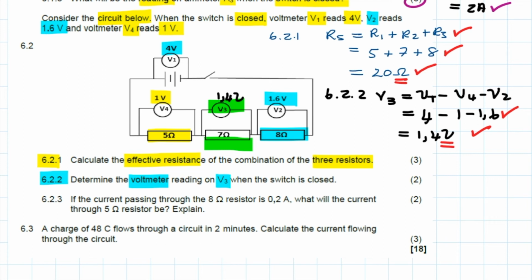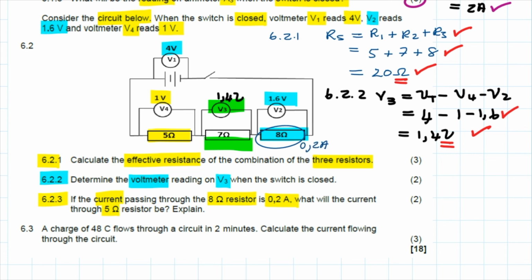Let's go on to 6.2.3. It says if the current passing through the 8 ohm resistor is 0,2 amperes, what will the current through the 5 ohm resistor be? So the 8 ohm resistor is over here. They are telling us that for this specific circuit, or for this 8 ohm resistor, there is current flowing through it of 0,2 amperes.